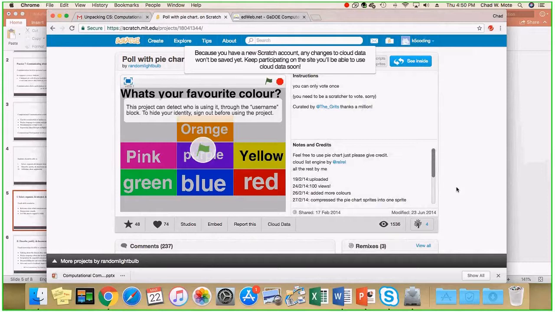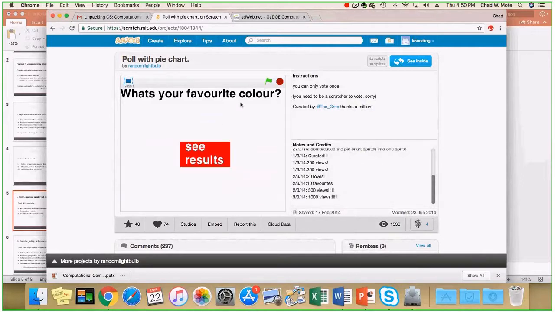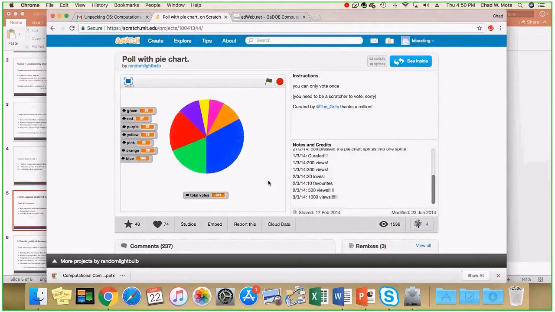So that was the charity, and then as a school and as a class, they were collecting that data and then representing that visually, which is one of the elements of this practice. So orange, see results, and there we go.